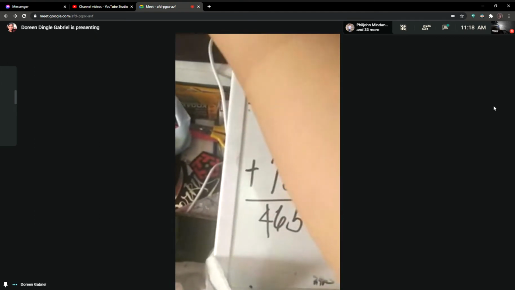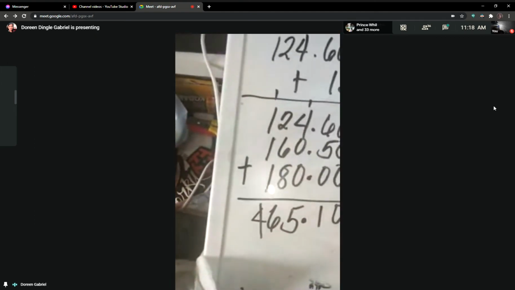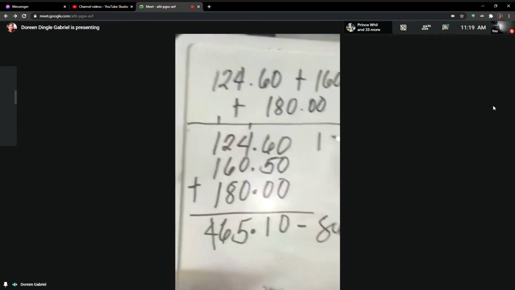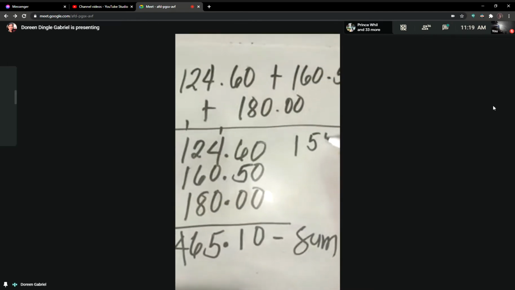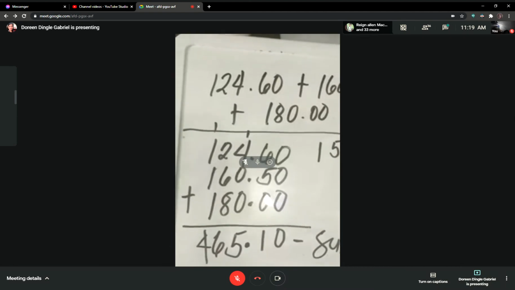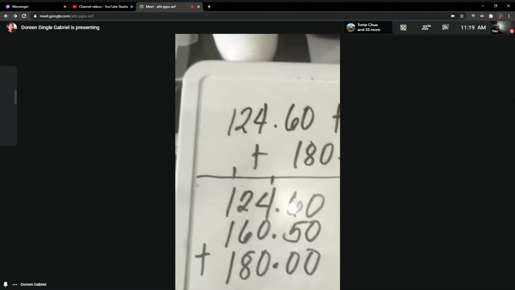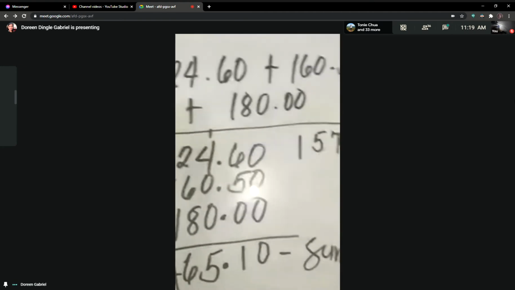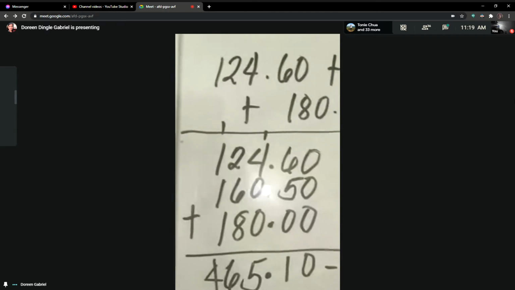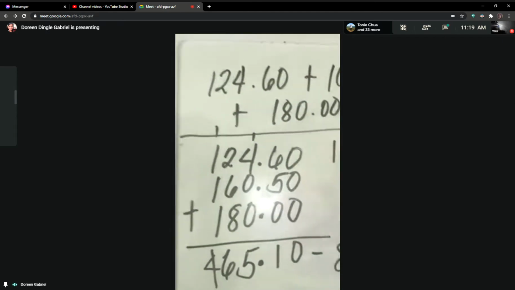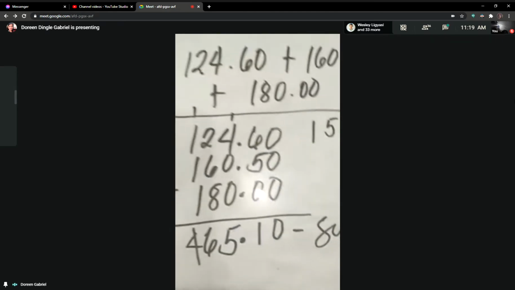You have 1,575 pesos. So, if this is the money of mother, the total amount of money, you are asked to find how much is left that she's going to spend for the other needs of the family.